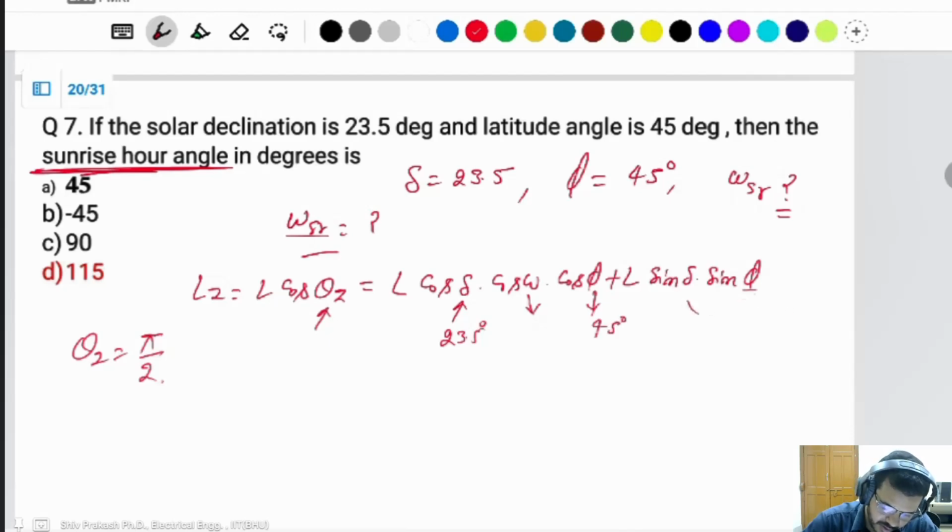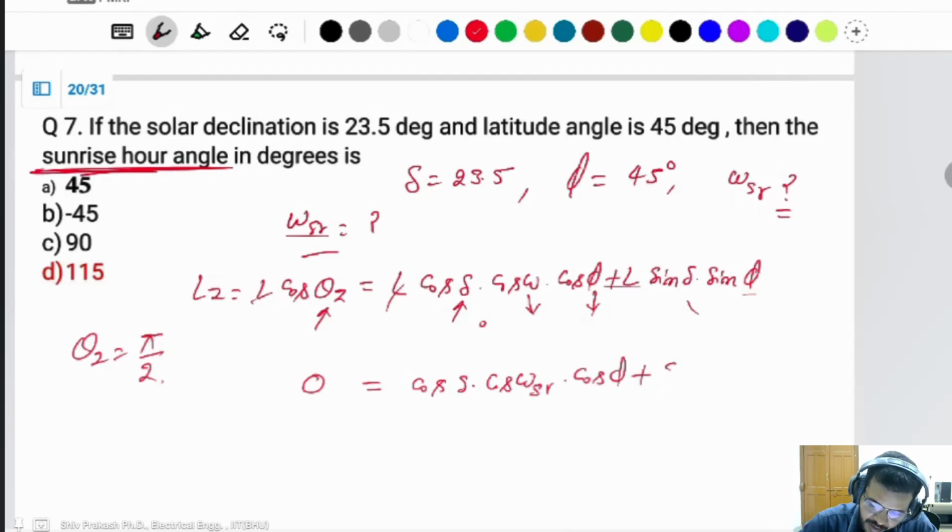Same thing here also. L will cancel out, and the left side will be 0. First calculate this one, then we calculate omega SR. Cos del into cos omega SR, at sunrise and sunset, is equal to minus sin del into sin phi.